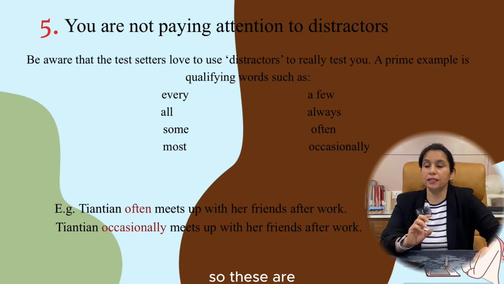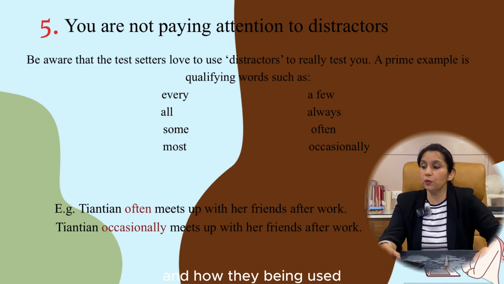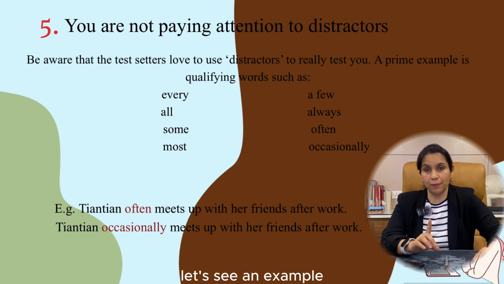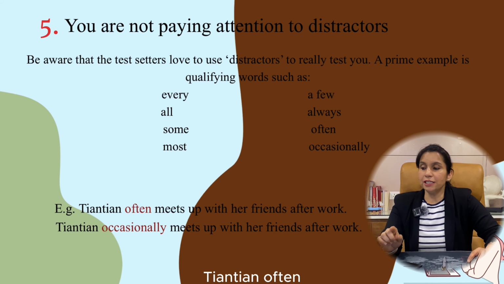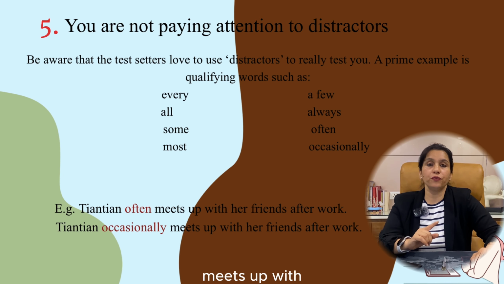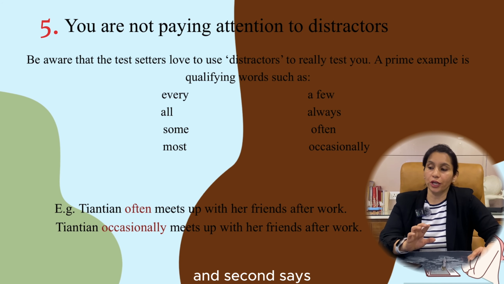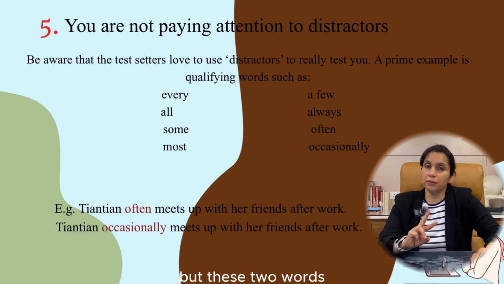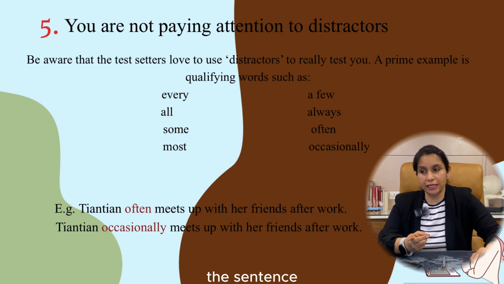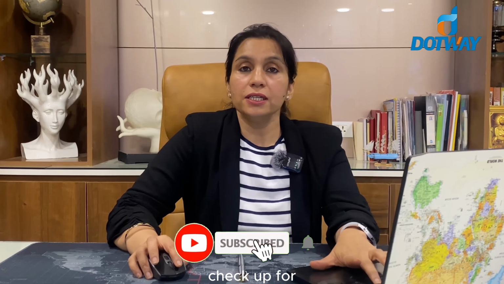For example, the first is Tantien often meets up with her friends after work, and the second says she occasionally meets up with friends after work. So the first sentence says often and the second says occasionally. All the other words are similar, but these two words change the meaning of the sentence. So you need to check for distractors.